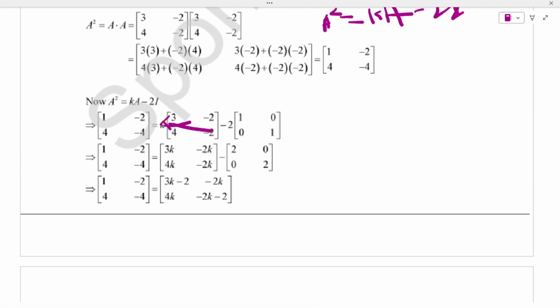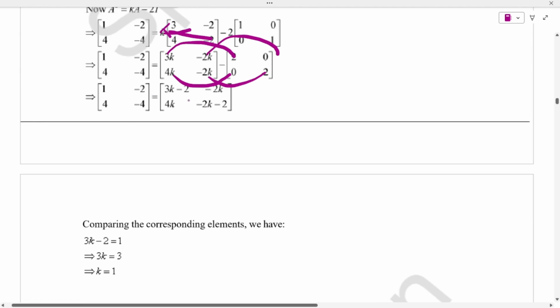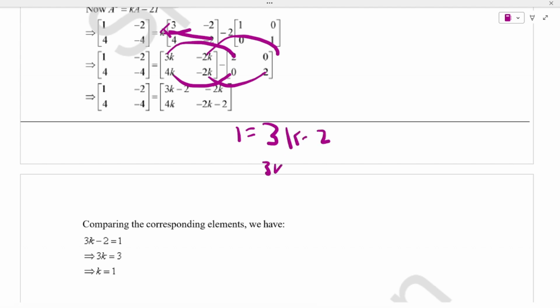If you do 3k minus 2, minus 2k plus 0 is nothing but minus 2k, 4k minus 0 is nothing but 4k, minus 2k minus 2. Okay, now if you substitute, see where you can find out, 1 is equal to 3k minus 2. That means 3k, keep it as it is, and if you send this here, it will be 3. That means 1 plus 2. K will be equal to what?